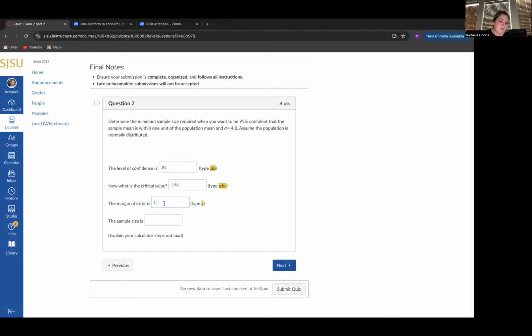And then you multiply that by 2. So you now have 9.408 times 2, which equals 88.510464. So that's going to be 89 if you round up.